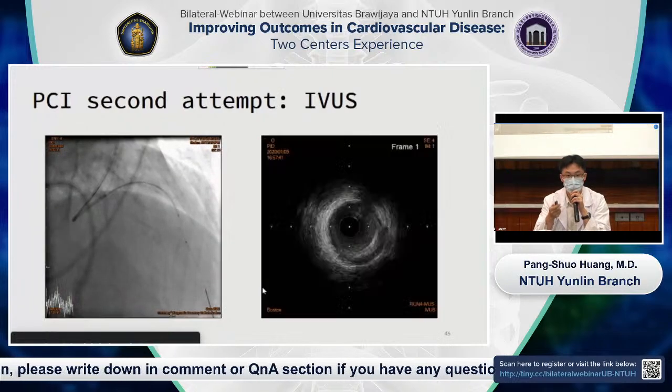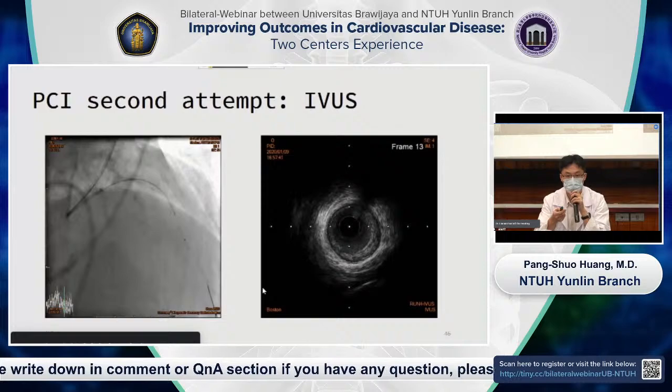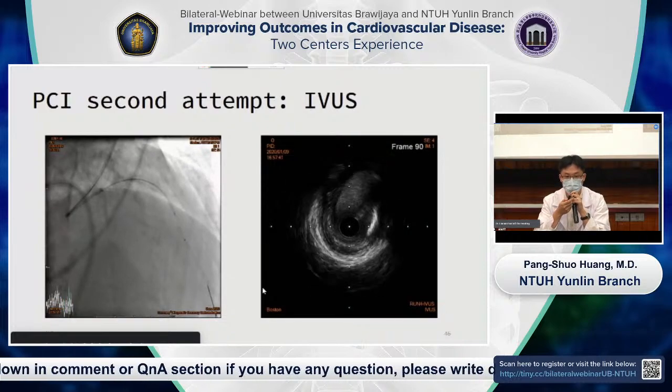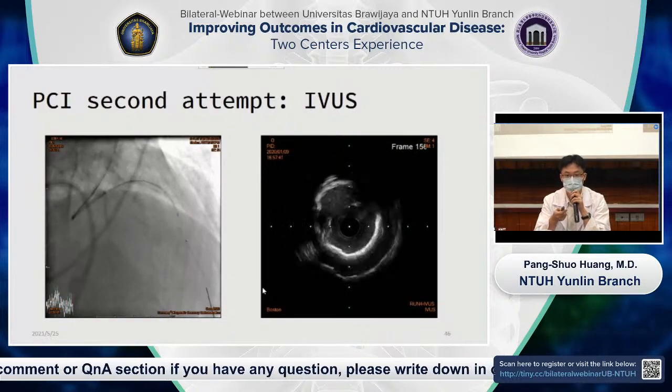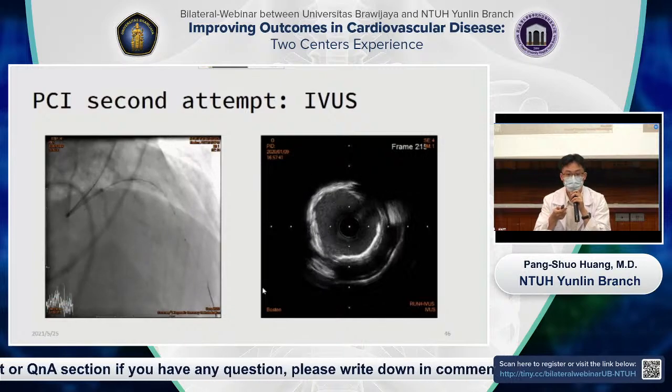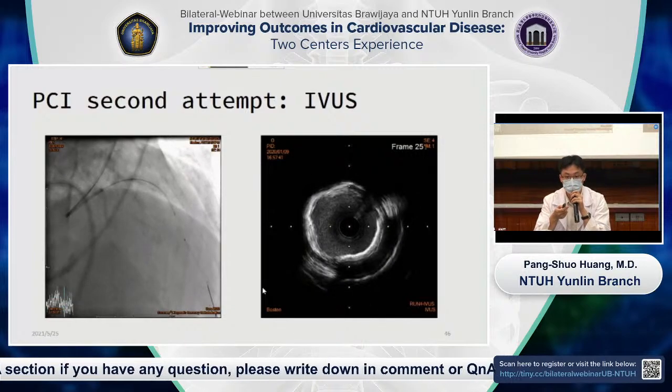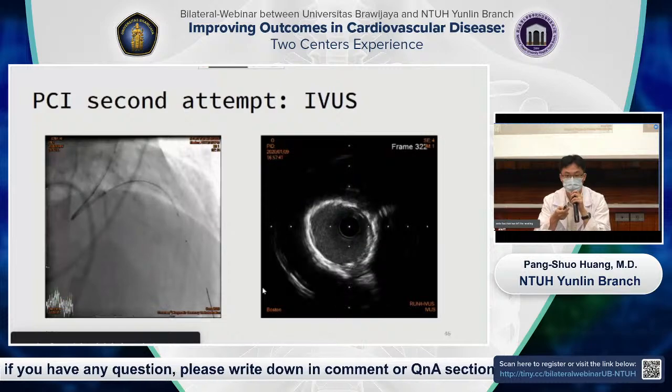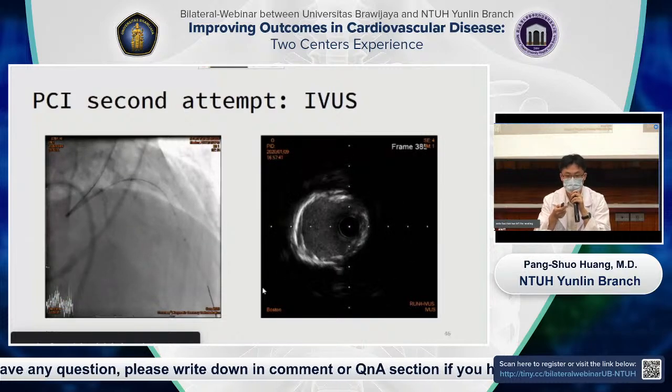We checked the IVUS from the mid-LAD to the left main, and we can see the stent apposition and expansion is very good from the proximal LAD to the left main.